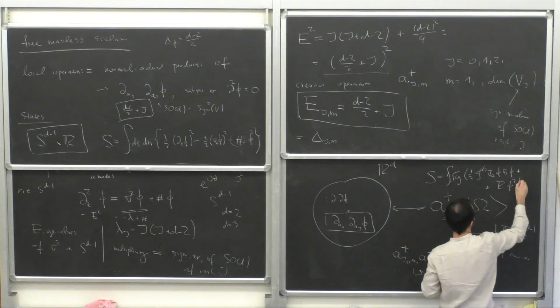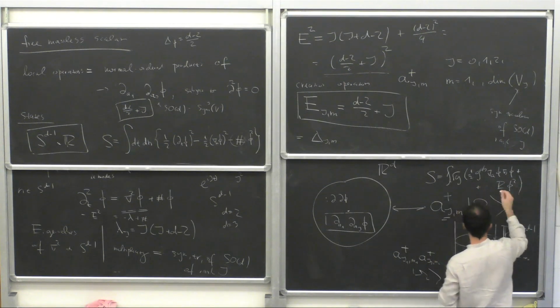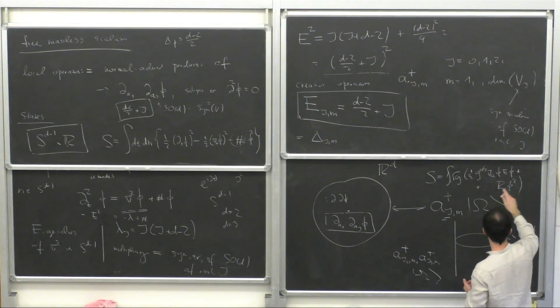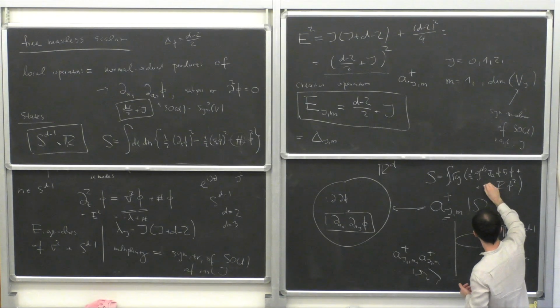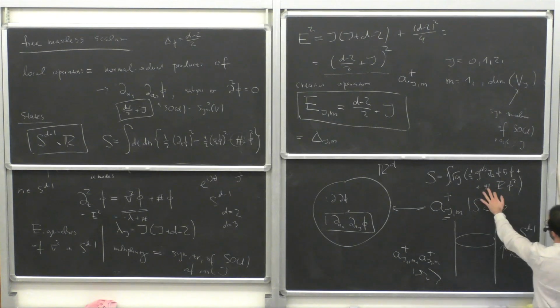Exactly. There's a Ricci scalar times some number, which, again, I don't remember. It's probably something that has d minus 1 in it. There's some number here which depends on the dimension d.